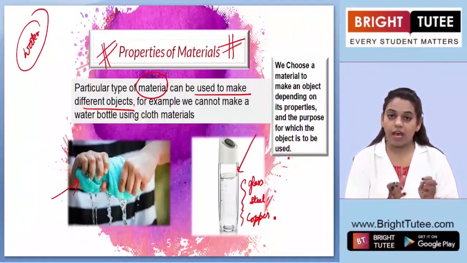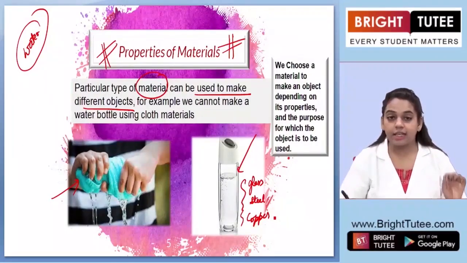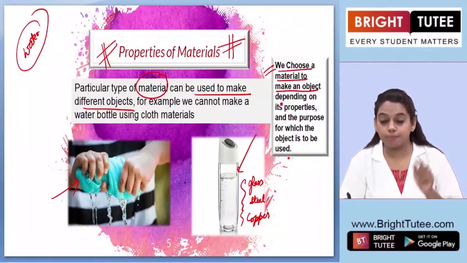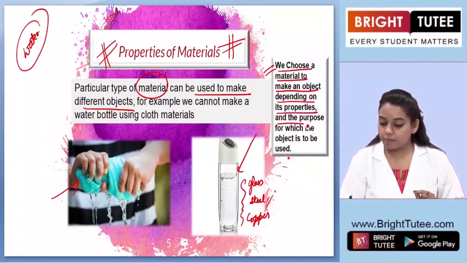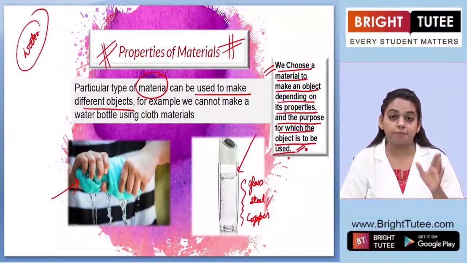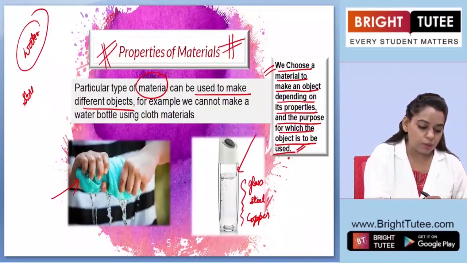Now we have understood an important point. What does it state? It states that we choose a material to make an object depending on its properties and the purpose for which the object is to be used. In our example, the purpose was to store water.